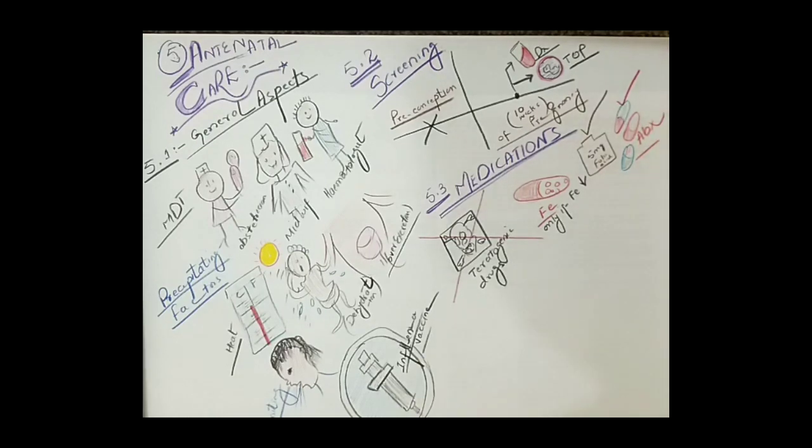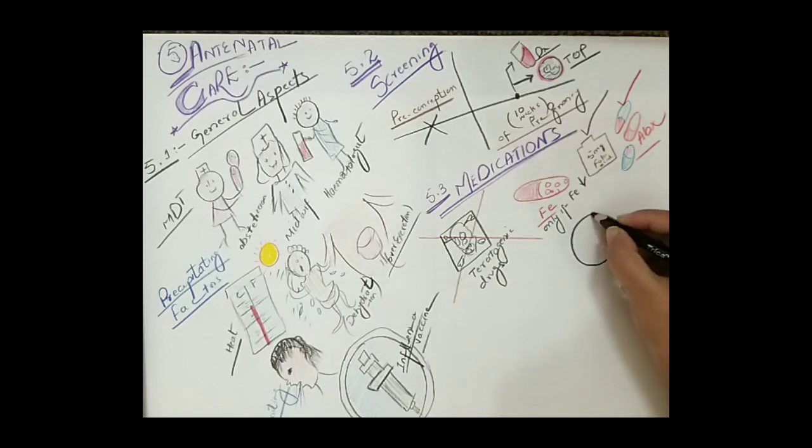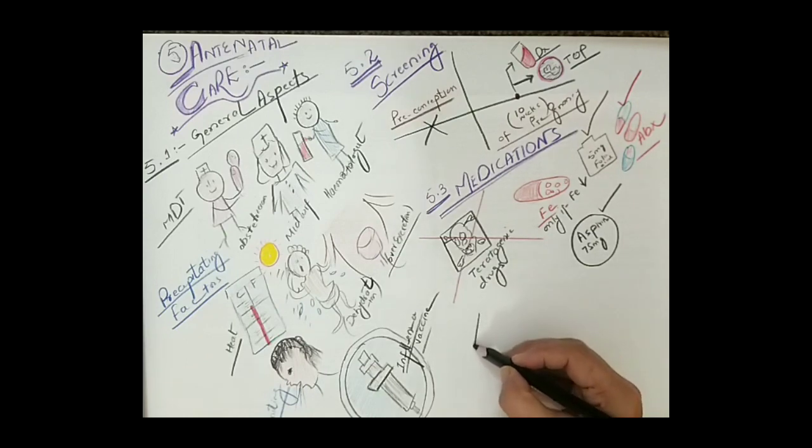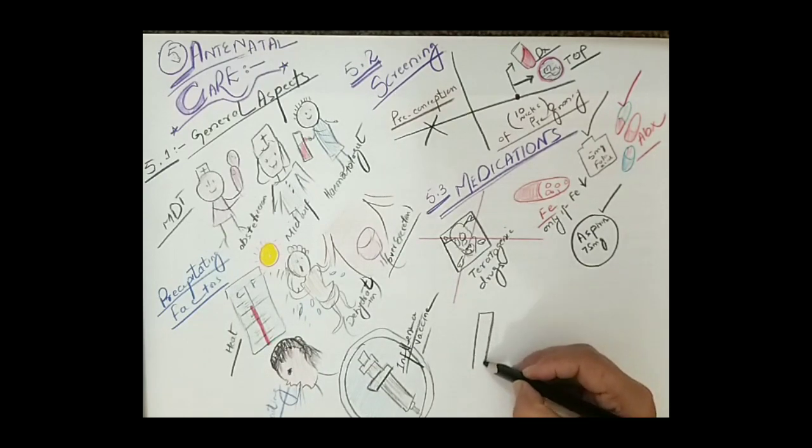Prophylactic antibiotics should be given, if not contraindicated; we should check whether the antibiotic is contraindicated or not. Another very important thing in the patient with sickle cell disease is aspirin, in the dose of 75 milligrams. Folic acid should be given, antibiotic should be given, aspirin should be given.